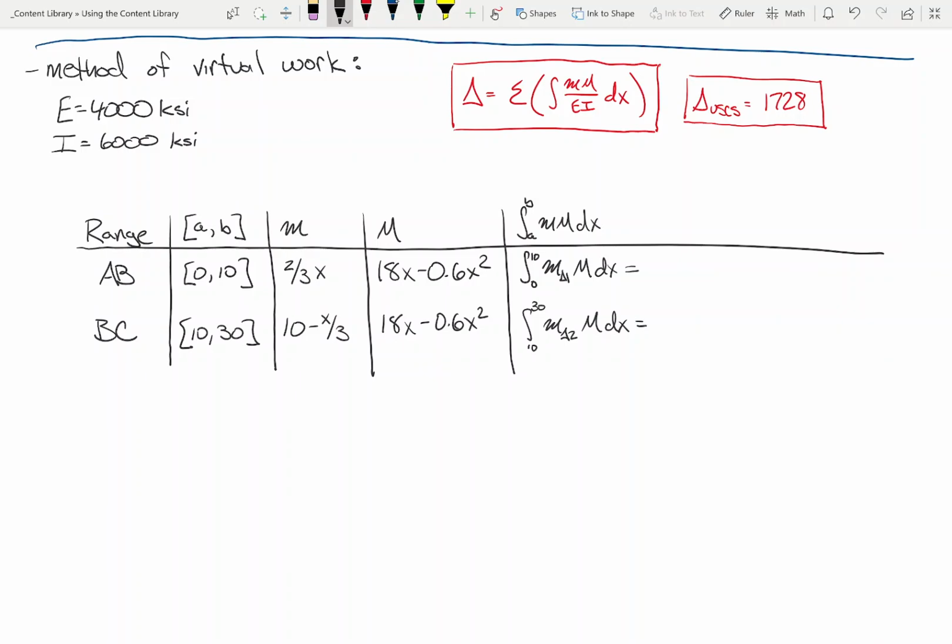So just to sort of make the point, what I'm talking about is, maybe we'll call this integral 1. So like down here, integral 1 is the integral from 0 to 10 of 2/3 x times 18x minus 0.6x squared.